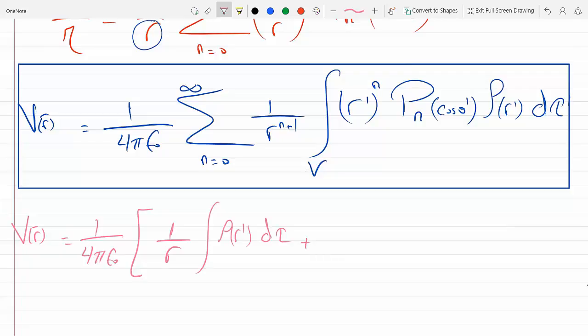Plus, now if n is 1, we get 1 over r squared integral r prime. The first Legendre polynomial is cosine theta prime, with respect to the angle, rho r prime d tau prime.